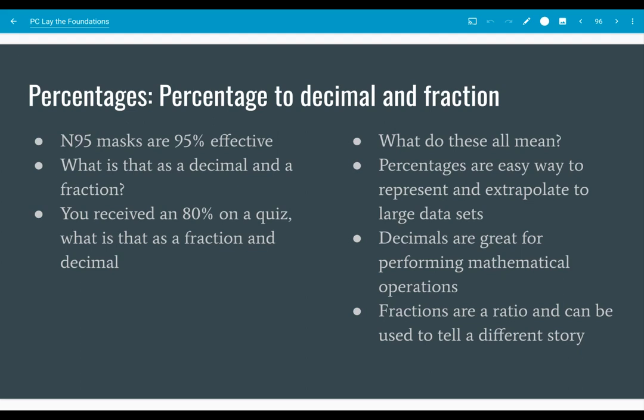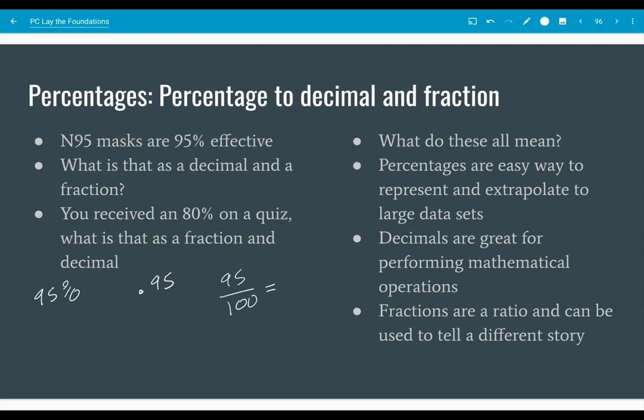Percentage to decimal and fraction. So if something is 95% effective, so we have 95%. So as a decimal, that's 0.95. And then as a fraction, that's 95 out of 100.